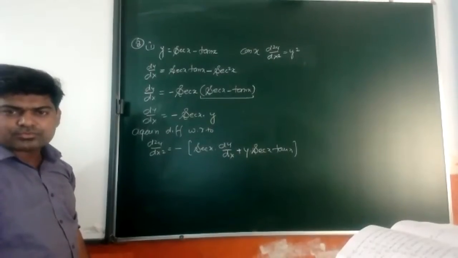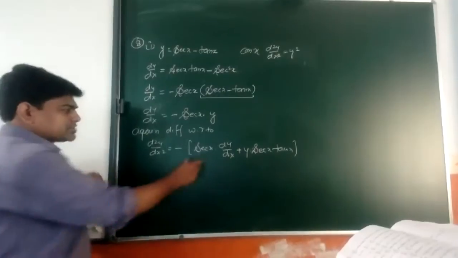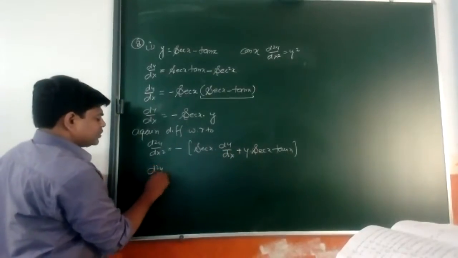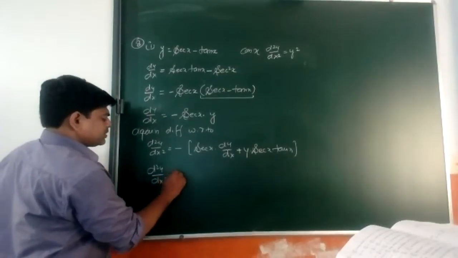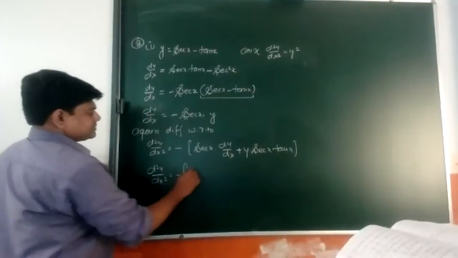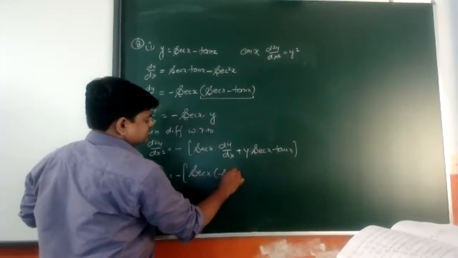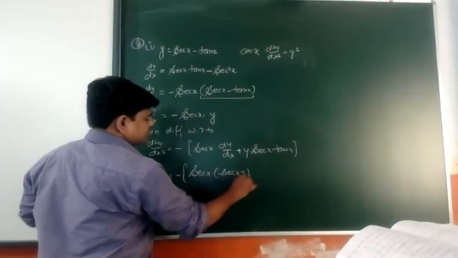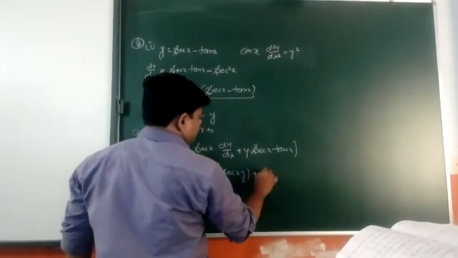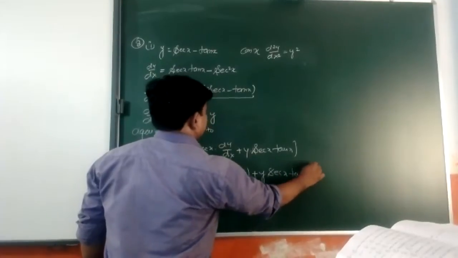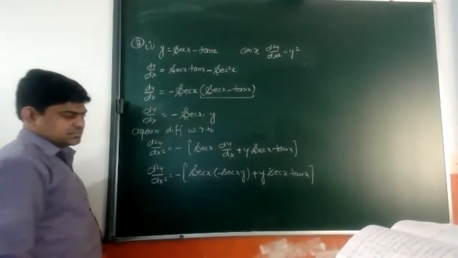Yes or no? If I substitute the value of dy by dx here, d2y by dx square can be written as minus sec x into minus sec x y plus y sec x tan x.